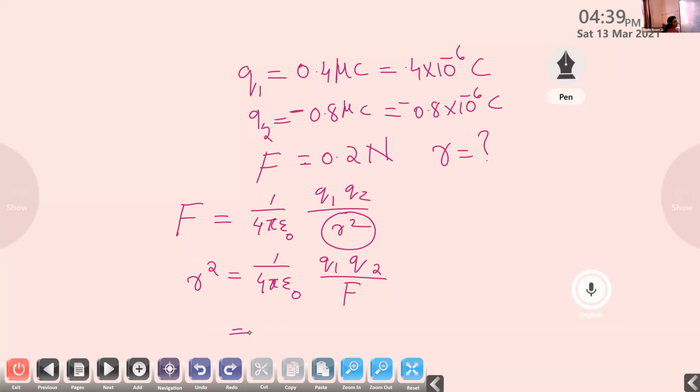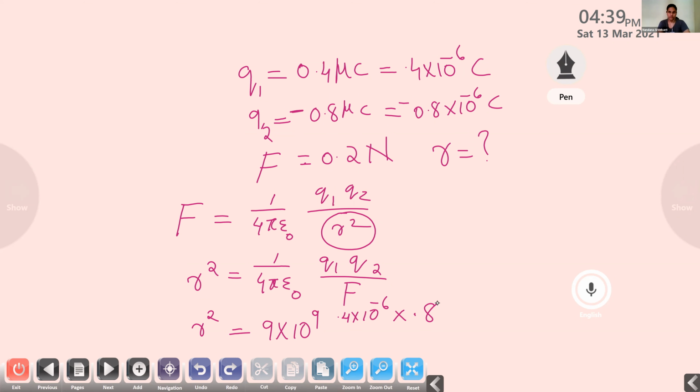What is the value of 1 by 4 pi epsilon 0? 9 into 10 raised to 9. Q1 is 0.4 into 10 raised to minus 6, and Q2 is 0.8. Why did we not take the negative sign?